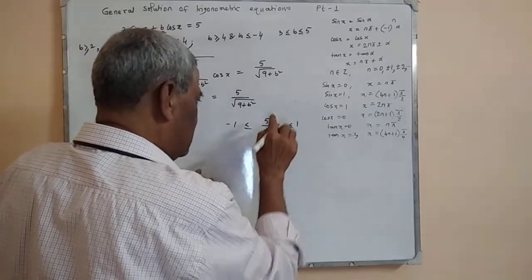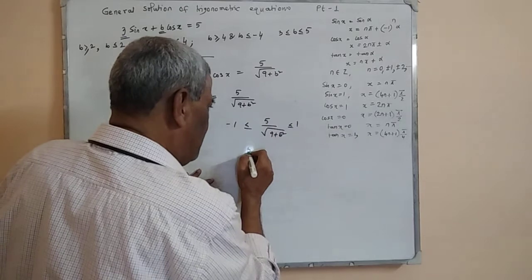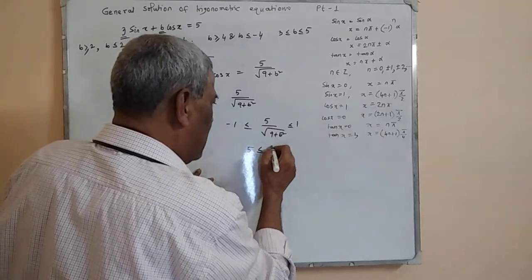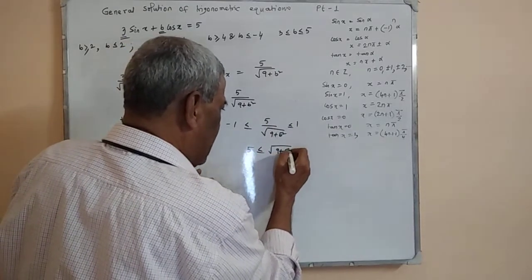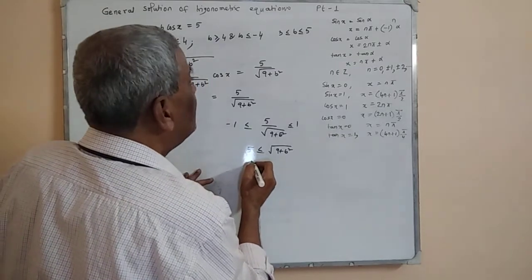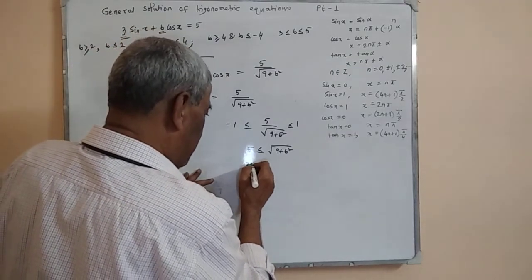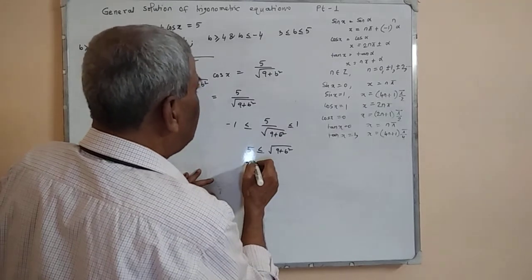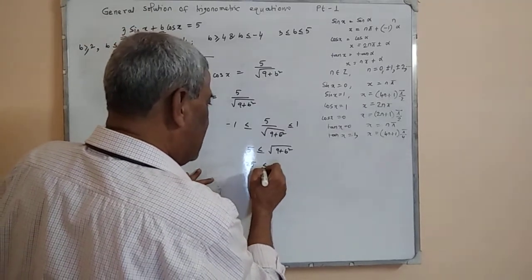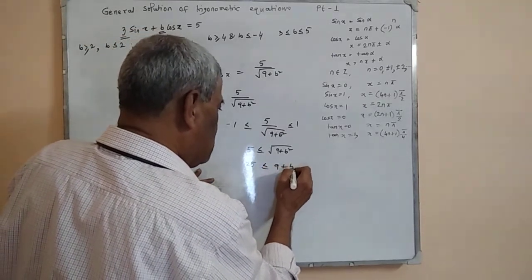That is, 5 is less than or equal to root over 9 plus b square. Squaring, 25 is less than or equal to 9 plus b square.